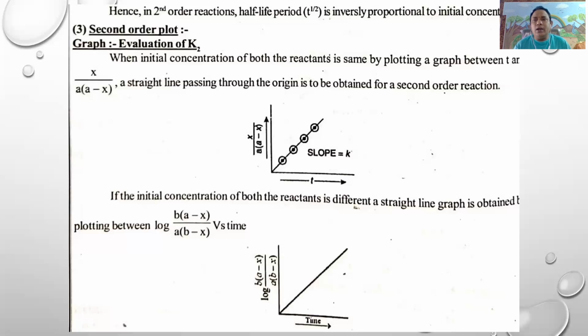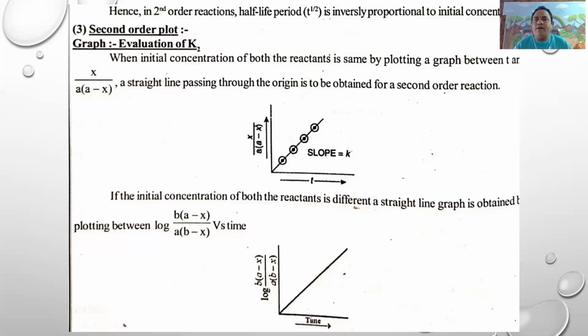Again in the second half-life time, among the 50% of the reactants, half, that is 25, is converted into products. The products concentration is 75, reactants concentration is 25, then t 75 equals 2 t half.